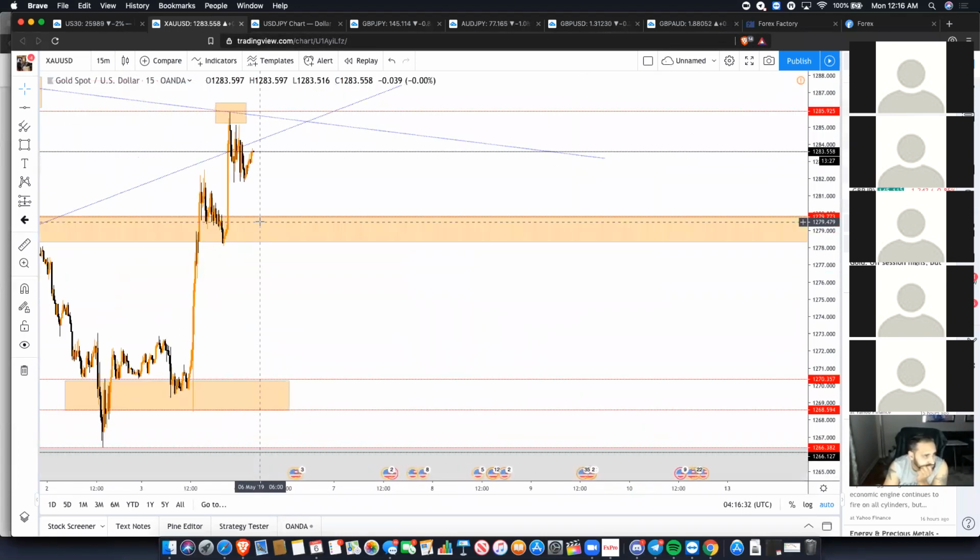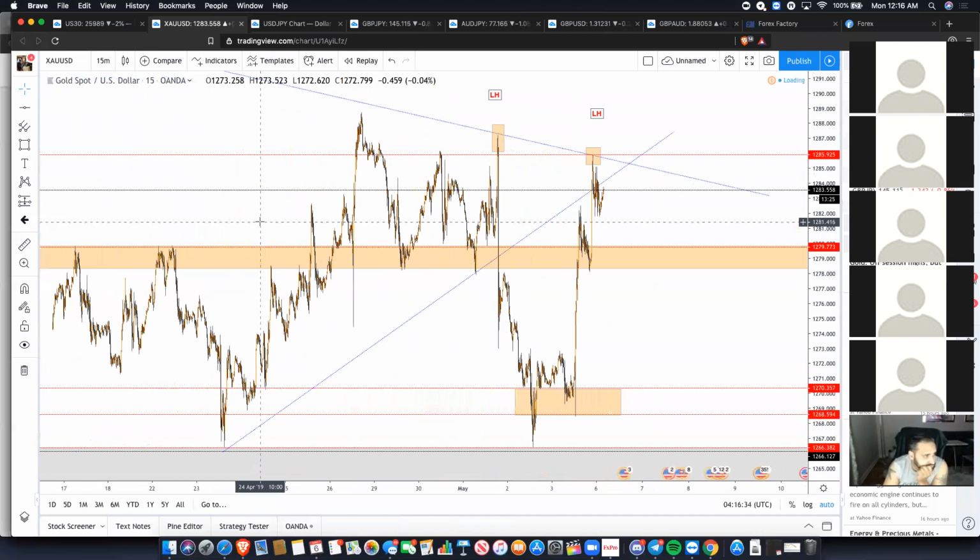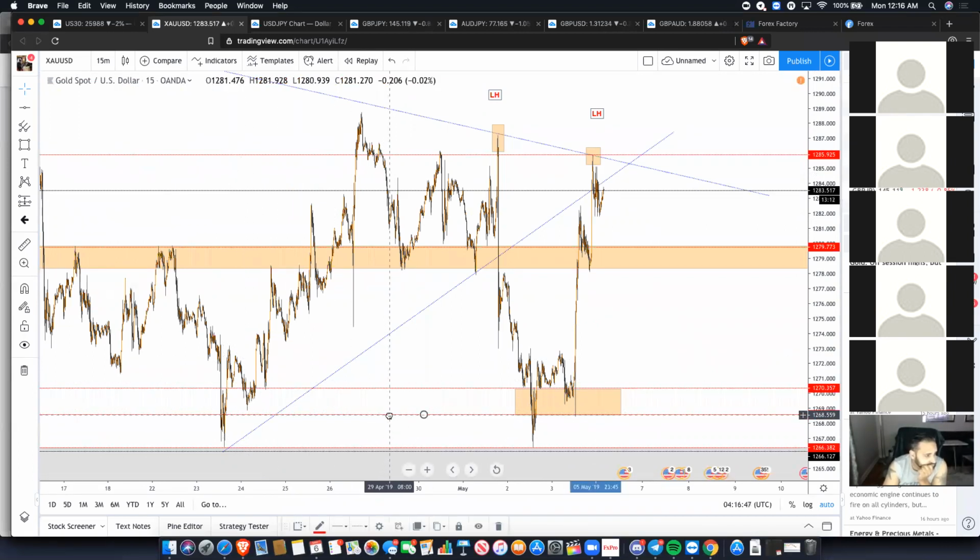Since I always look for my trades on the 15-minute chart, one of the things I'm gonna keep in mind is the last time the market hit our demand zone right here, she shot up, came back and retested, but she didn't retest this support area right here that we have drawn out, this red line, right?